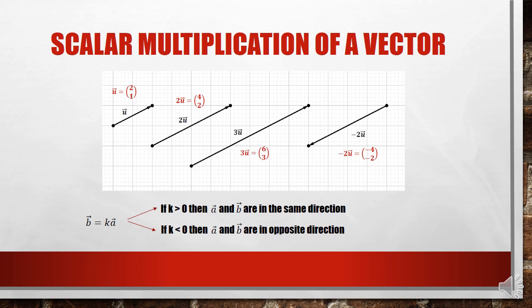In general, we can say that if vector b equals k times vector a, where k is a scalar, a number, if k is positive, then a and b are in the same direction. If k is negative, then a and b are in opposite directions.